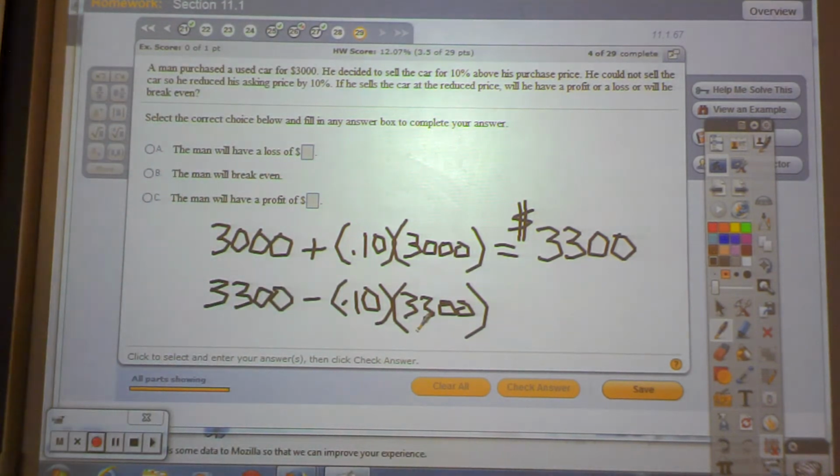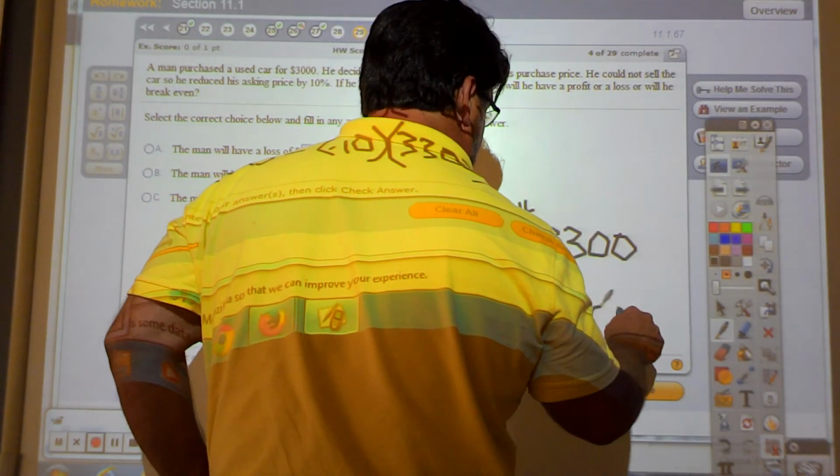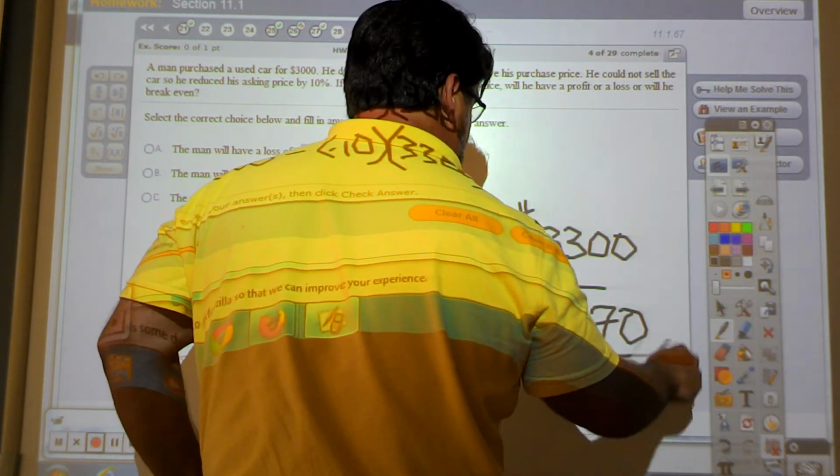So 10% of 3,300 is 330. And 330 off of 3,300, what does that come out to be? 2,970. And he sells the car.